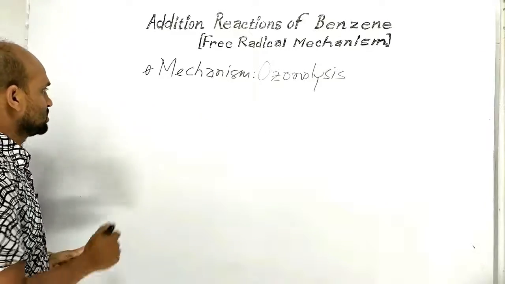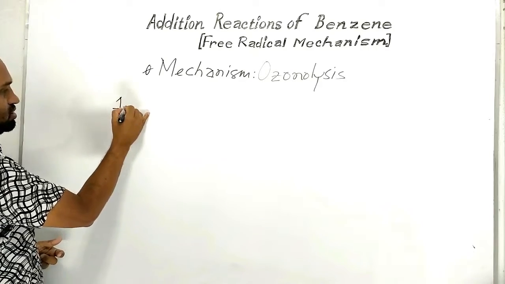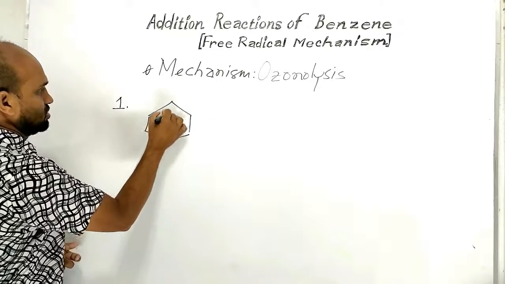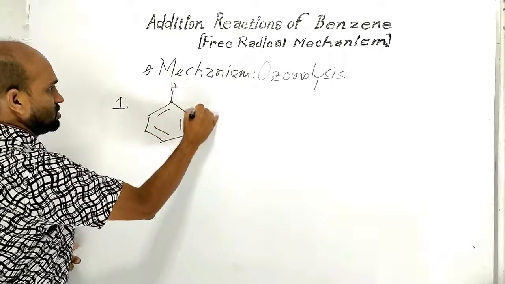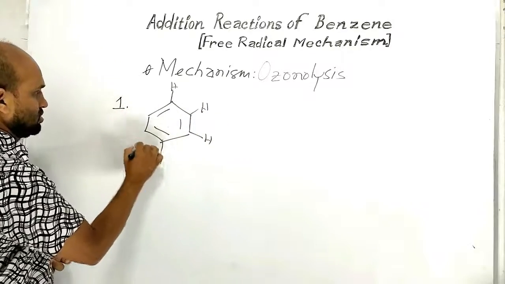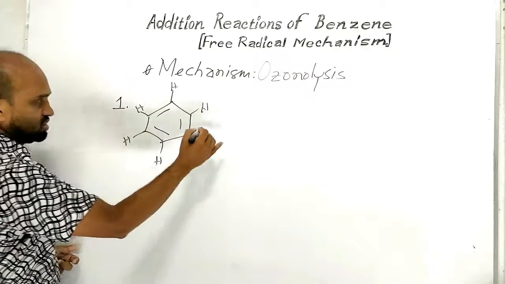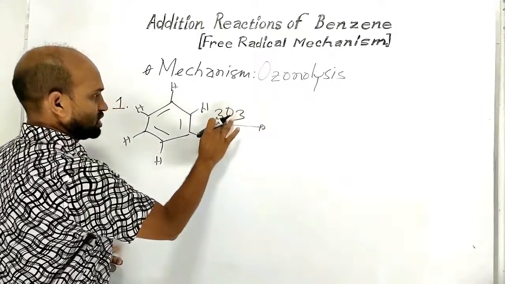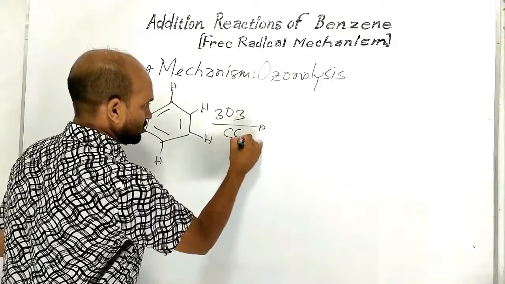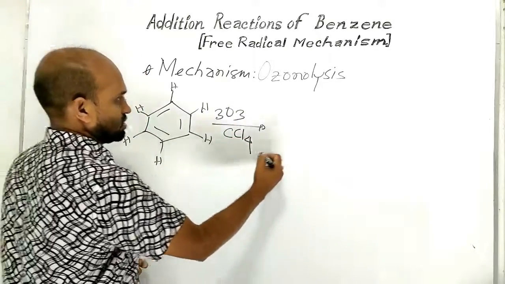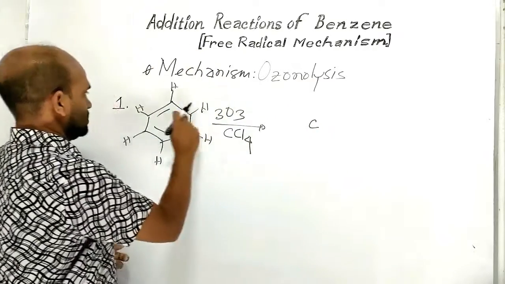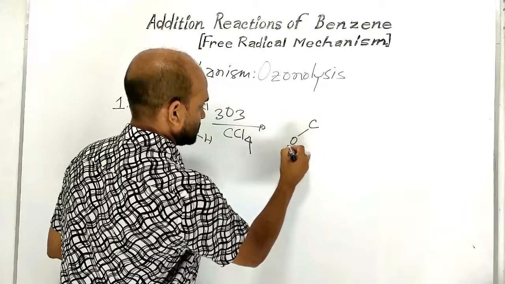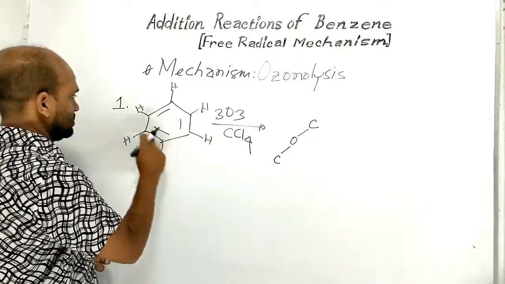Let's see. First of all, benzene is treated with 3 molecules of ozone in presence of inert solvent carbon tetrachloride. Then we get this carbon and this carbon, there is a double bond here, oxygen and then carbon.